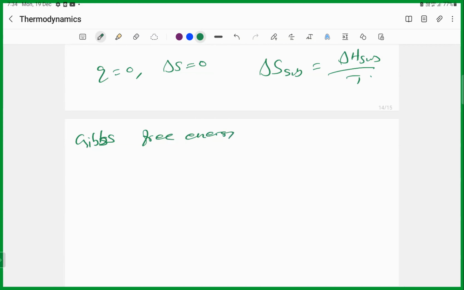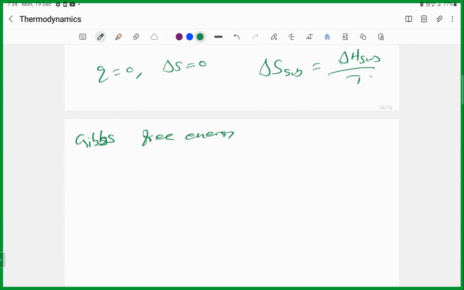It also helps to predict the spontaneity of a process. Earlier it was called Gibbs free energy, but according to IUPAC, it is now called Gibbs energy or Gibbs function. The use of the term free energy has not yet been completely stopped. It is usually denoted by the symbol G.